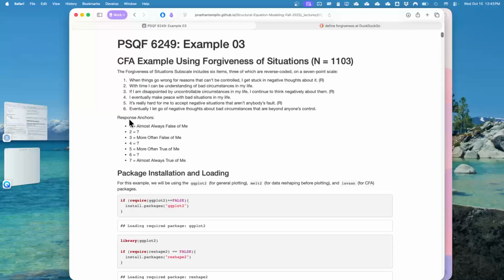So again, the response anchors are 1 through 7. And here's one thing that Lisa drills in her classes, and you'll probably hear about it next week, but also in every class. When you give out a survey, label what these mean.